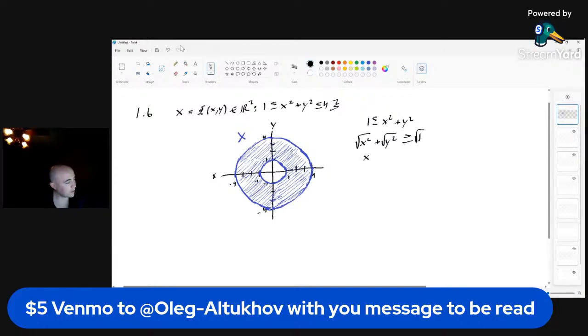So that means x plus y equal to 1. If we did that, by the way, the square root of 1 is still 1. So if you look at that, yeah, that should more or less be right, I think.